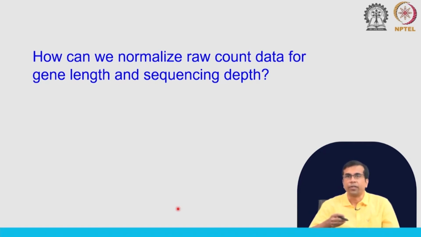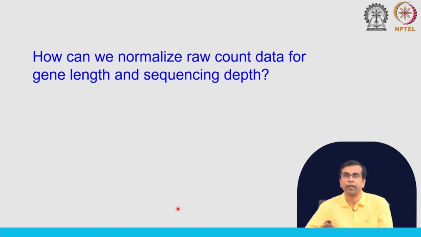So, the first question we will answer is how can we normalize raw count data for gene length and sequencing depth. We introduced gene length bias because genes are of different lengths, and if you have a long gene, it is likely to have more fragments generated in the library, and hence you will get more reads for that gene. This is what we call gene length bias. And then we also have sample specific sequencing depth variation.